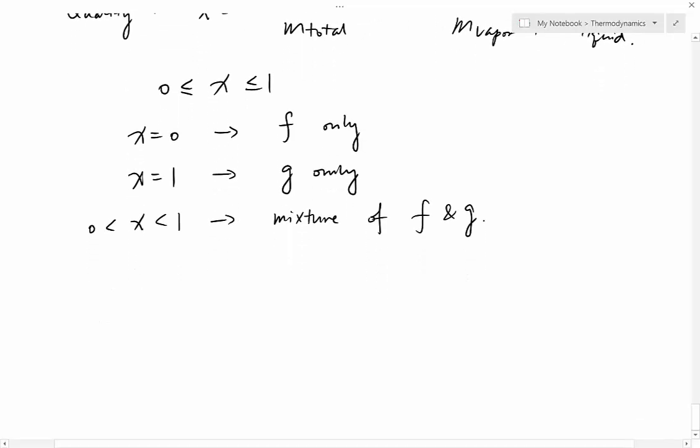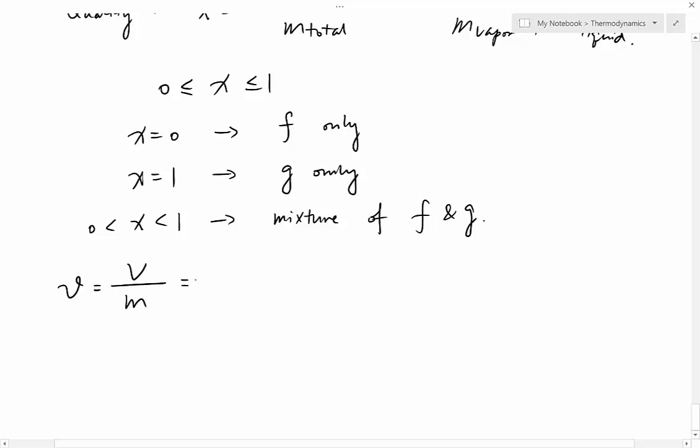So now, if you have a mixture, how do you look for the corresponding nu, specific volume? It's not F point, it's not G point, it's a mixture. How do you look for the corresponding nu for a mixture? Let's start from the definition of nu. The definition of nu, specific volume, is volume over mass. So now we know it's a mixture.